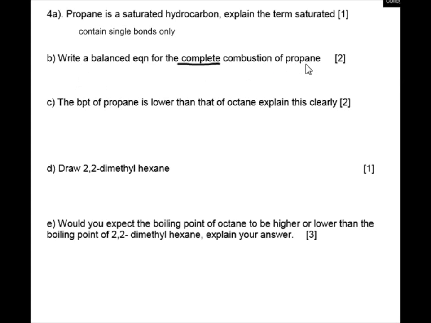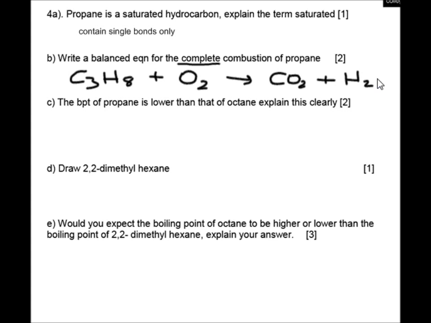Remember, it's the complete combustion of propane, which is C3H8. We burn it in oxygen, and so the products produced are CO2 plus H2O. That will get you 1 mark.